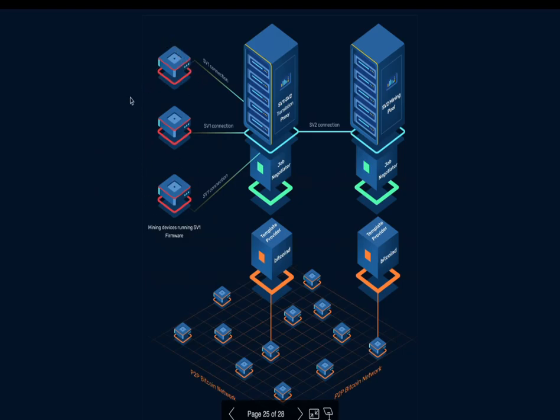Mining devices running SV1 firmware, connections SV1, everything goes to the translator proxy this time, and it sends it upstream. Job declarator on both sides, the client and the server, template provider on both sides, and the miner is picking which transactions go into the block. And if the pool doesn't like that, the miner can just go to another pool.